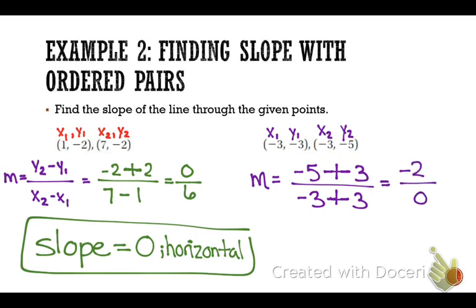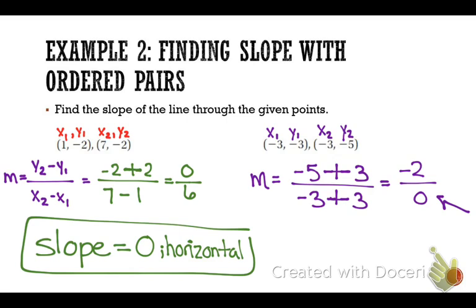This would be if it was a typical slope problem, but because the 0 is there, you've got to take it one step further, because how do I know that you know the difference between 0 slope and undefined? When the 0 is in the denominator, that means there's no change in the run.